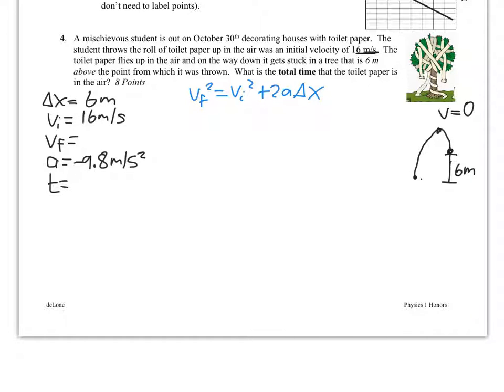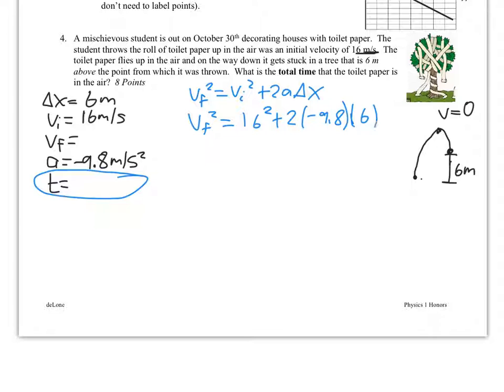I ultimately am looking for my time here. However, I know that this setup, knowing my initial velocity, displacement, and acceleration, will lead to a quadratic. So I'm going to use that quadratic trick, solve for that final velocity first using my Vf squared equation, and then I'll solve for my time once I know what my final velocity is.